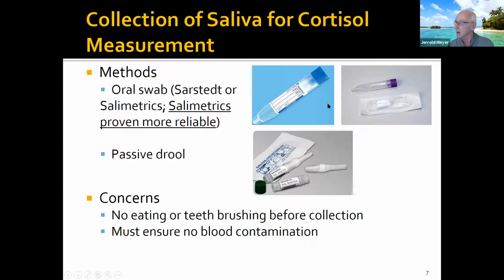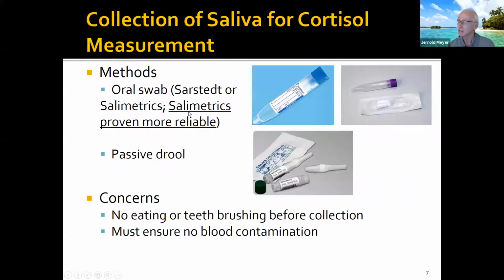But you can use oral swabs, cotton type material. One of the first inventors of that was the German company, I think they're German, Sarstedt. That's the Salivet, if you've heard of the Salivet tube. And then Salimetrics came out with their own oral swabs.